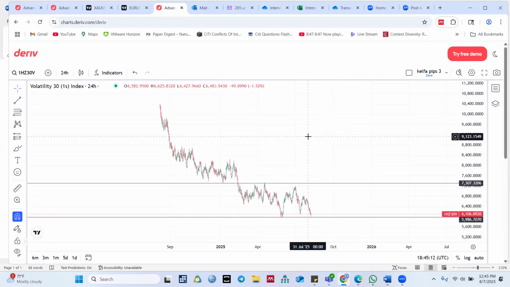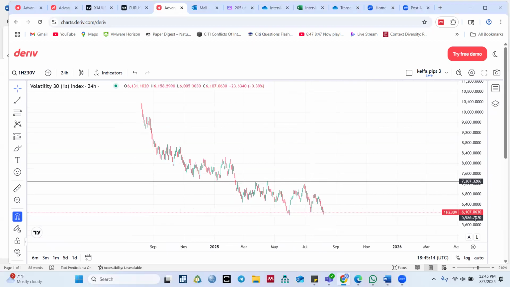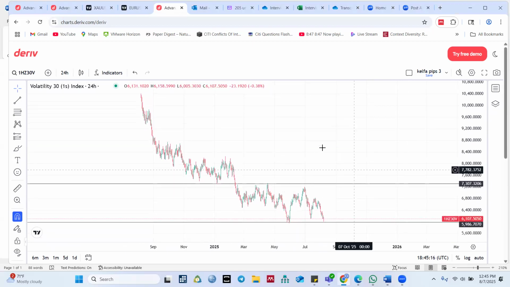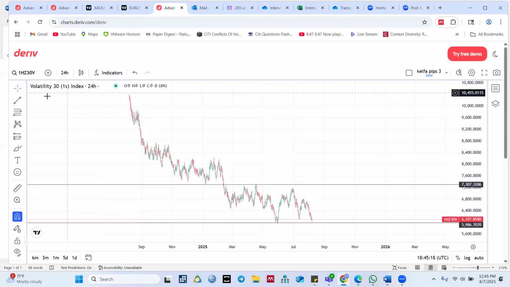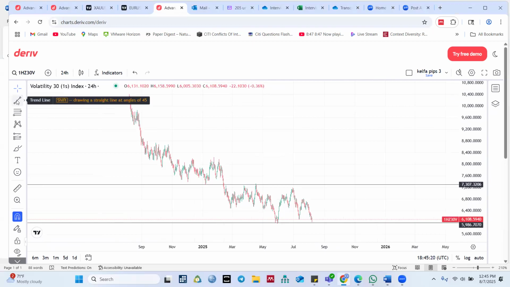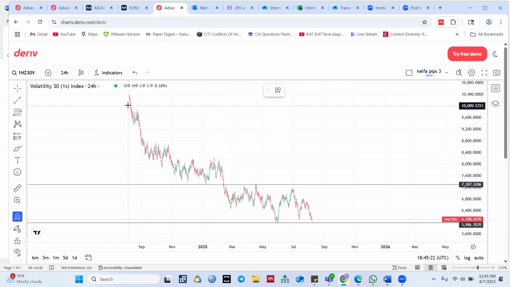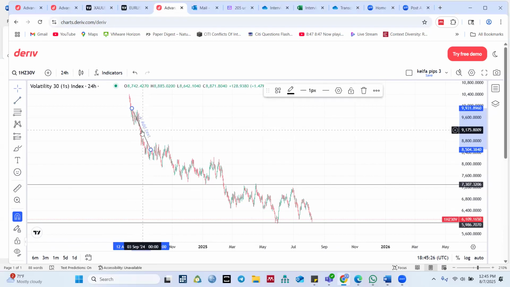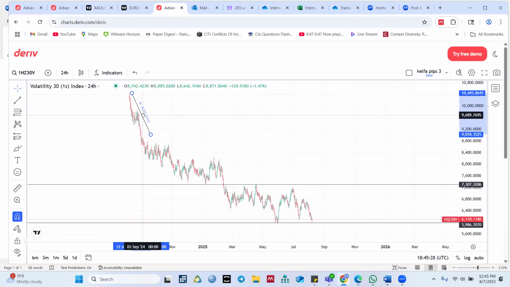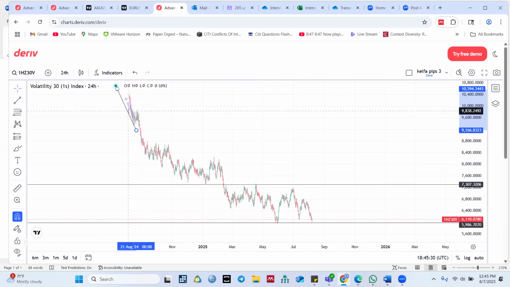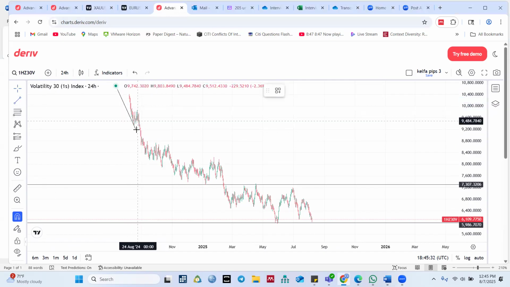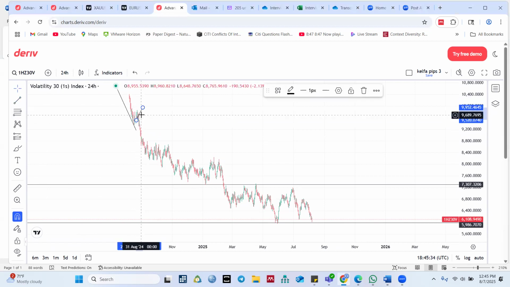So what can you see from this daily time frame on this pair? We want to learn the structure of this pair. Price started from up here, it dropped down to this area, and we saw that it pushed up to here and dropped again. So this is a bearish situation.